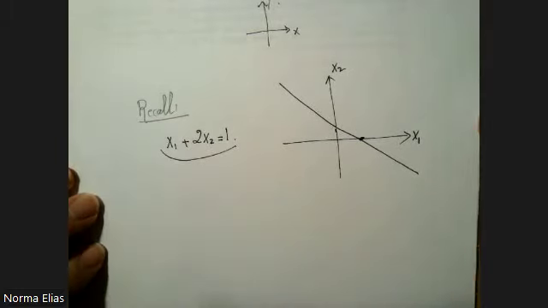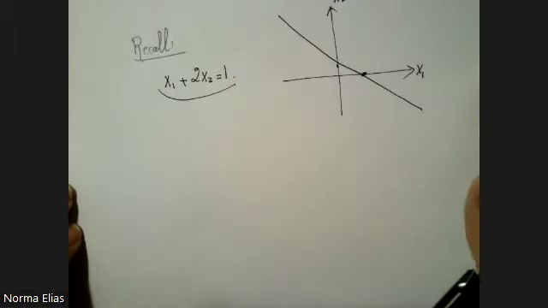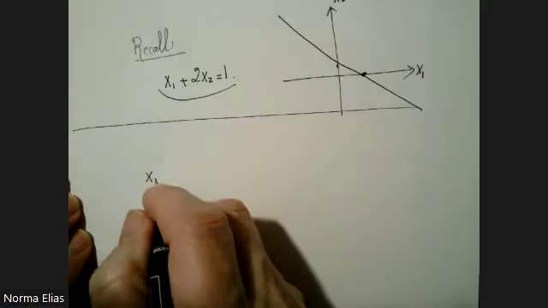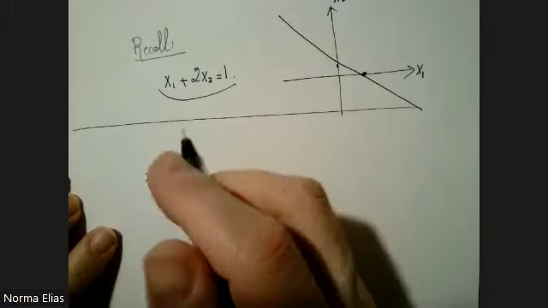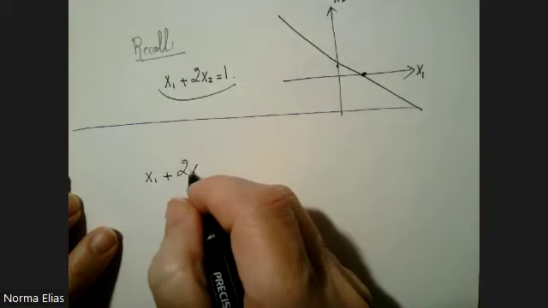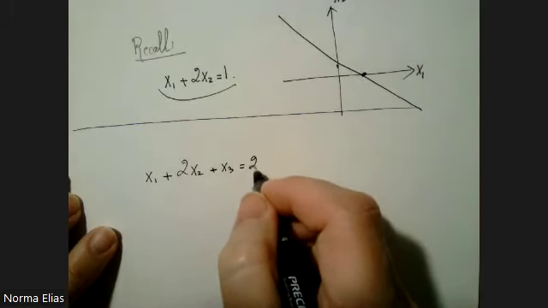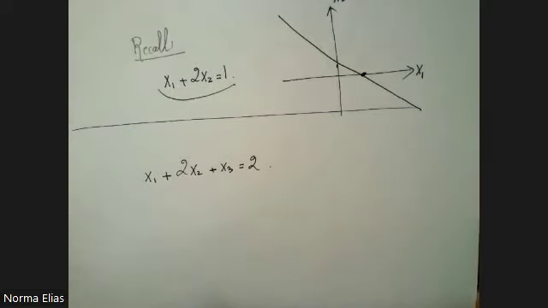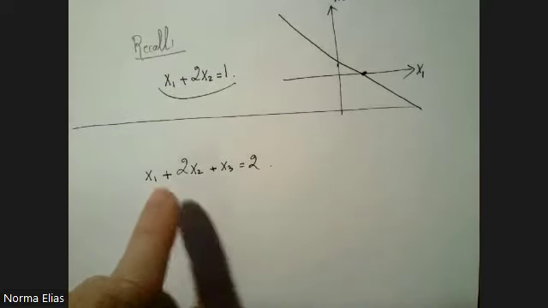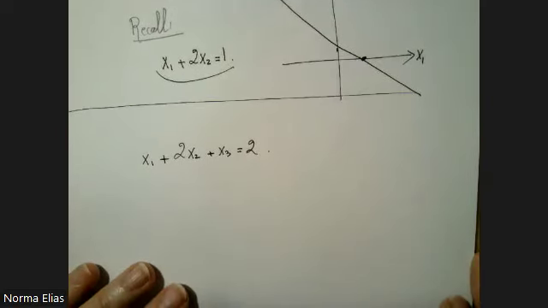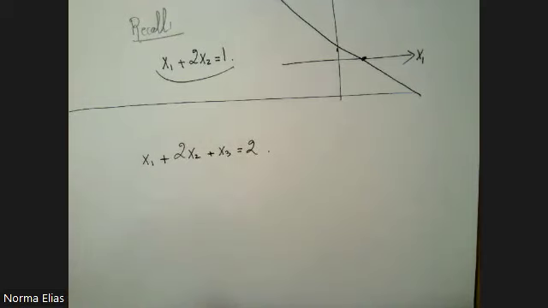Now, let us say we have the following equation with 3 unknowns: x1 plus 2x2 plus x3 equals 2. So that's an equation with 3 unknowns, x1, x2, and x3. How can you visualize the solution of this equation? I know that some of you had calculus 3, some of you didn't, but it's not really hard.